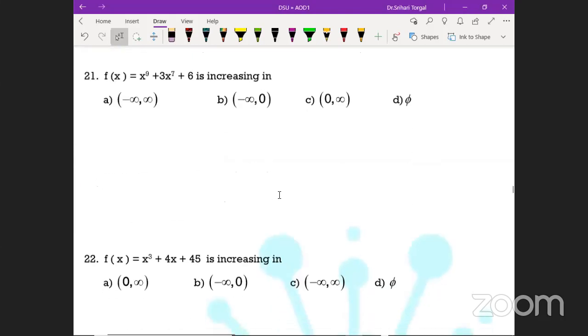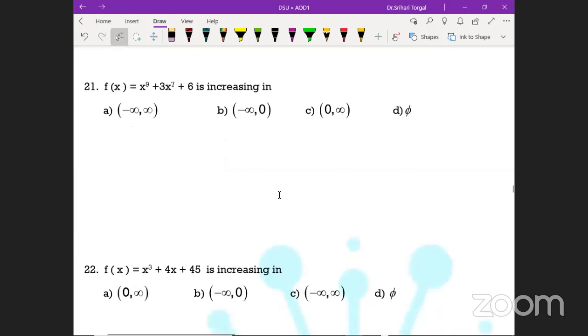Now tell me. Question number 21. f of x is equal to x power 9 plus 3 x power 7 plus 6. See here, this is odd degree, x power 9, and this is also odd. And this is always an increasing function.